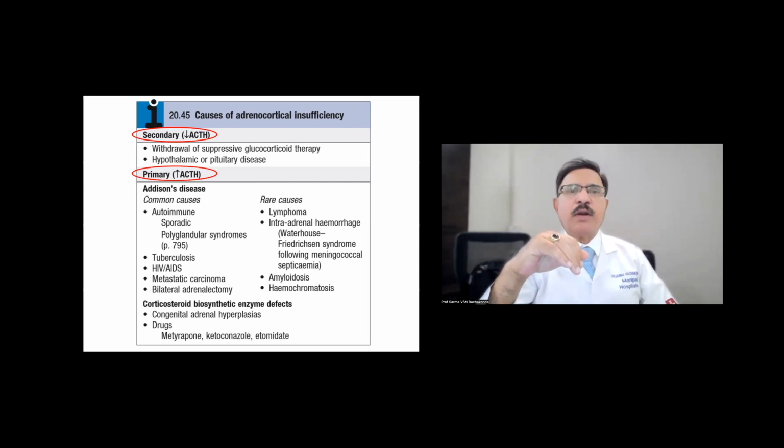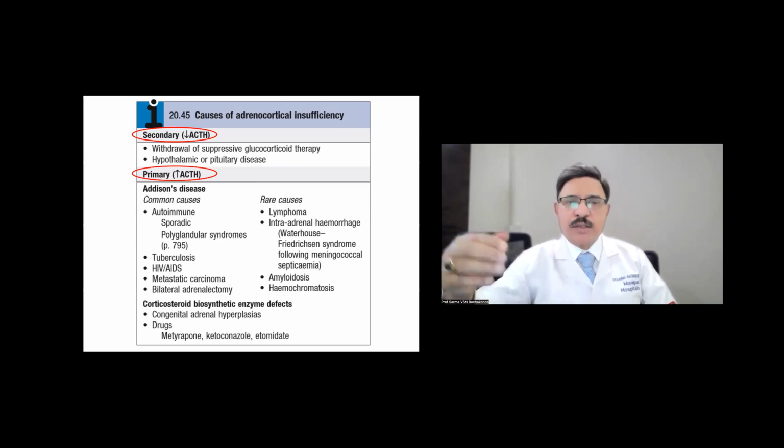What are the common causes of the adrenal gland not functioning correctly? Autoimmune causes, sporadic causes, polyglandular syndromes. Okay, autoimmune polyglandular syndromes, they are called APS. That means not only this endocrine gland, several other endocrine glands are also affected.